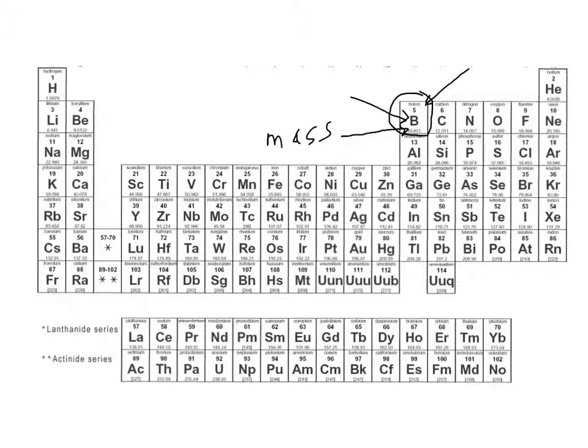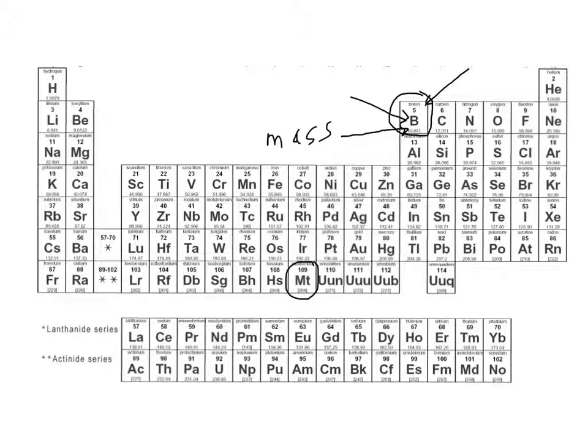You will notice that some elements, particularly those towards the bottom of the periodic table, we'll just take this one for example, have, instead of a decimal number below, a number in brackets. That number in brackets is the mass number of the most stable isotope of that element.